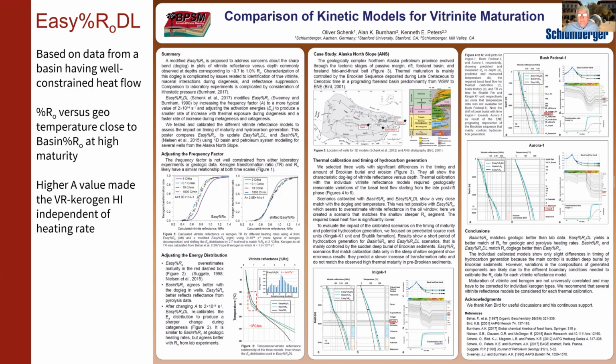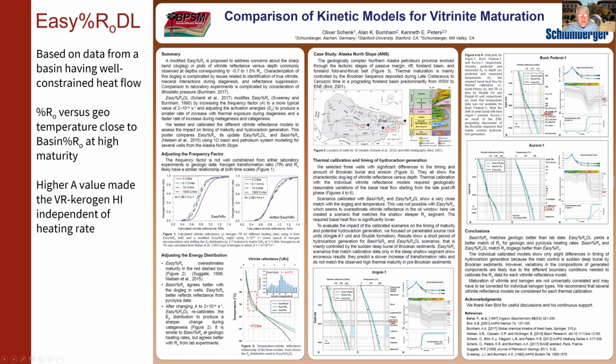So they were concerned about the disconnect between calculated and measured vitrinite profiles. So I went back and used the knowledge from the previous slide to develop a new version of Easy%Ro, which actually matched those profiles very well.